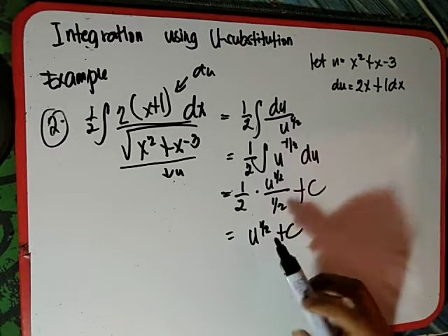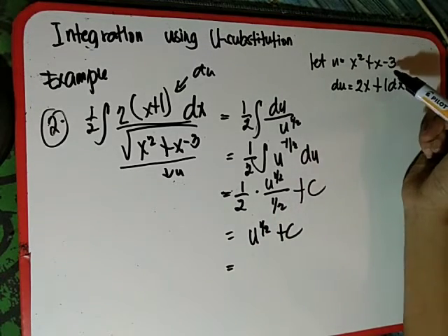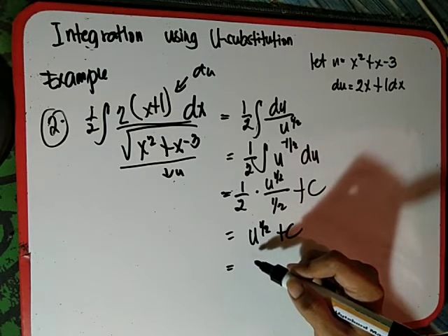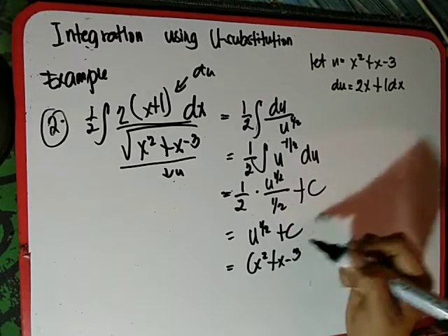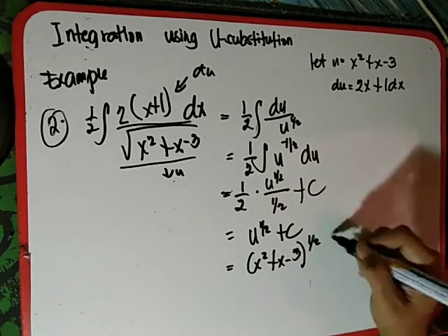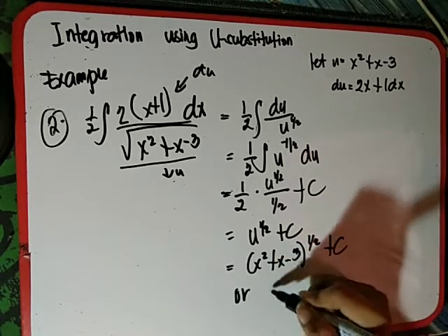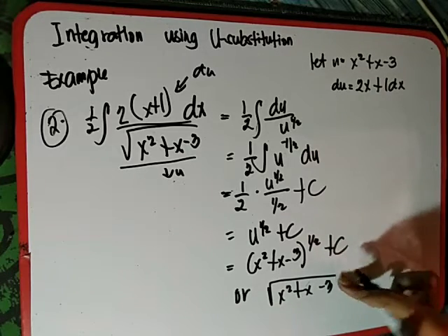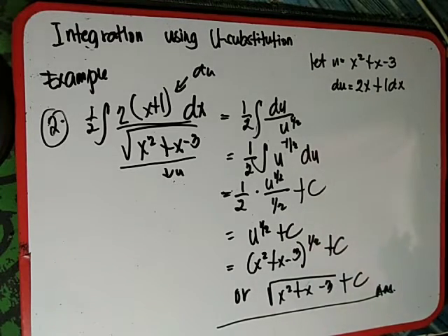So let's substitute the u, that is x squared plus x minus 3. So we have x squared plus x minus 3 raised to 1 half plus c. Or we can write it as the square root of x squared plus x minus 3 plus c. So this is our final answer for our example number 2.